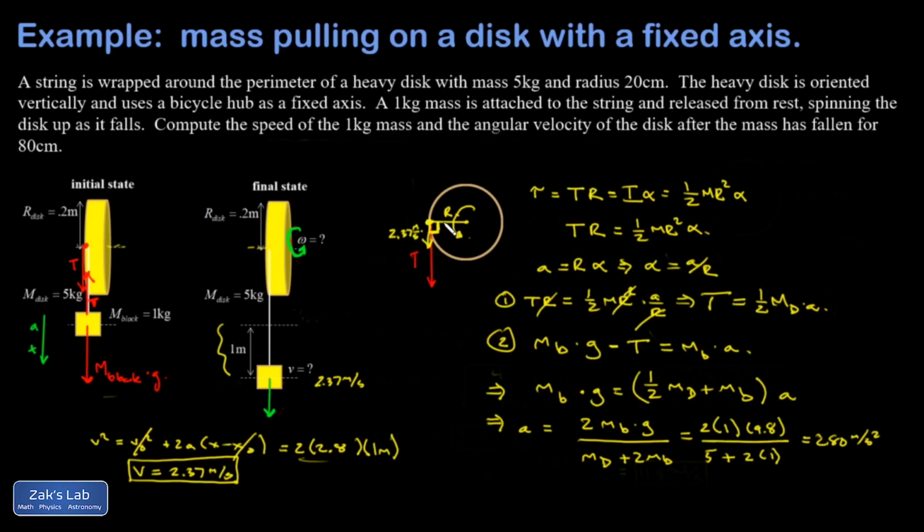So the tangential speed at the edge of the disk is 2.37, and I can relate these things with v equals r omega, and say that omega must be v, the tangential speed at the edge of the disk, divided by r, the radius of the disk. So I get 2.37 over 0.2, and I get my angular speed, and that comes out to 11.9 radians per second.